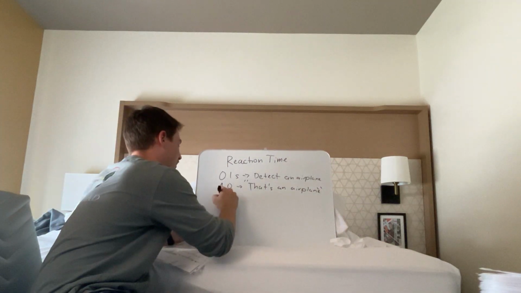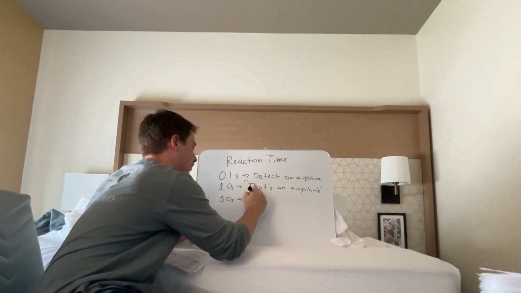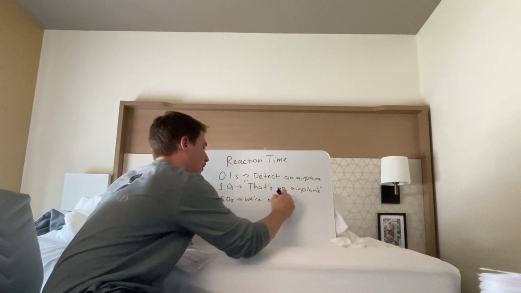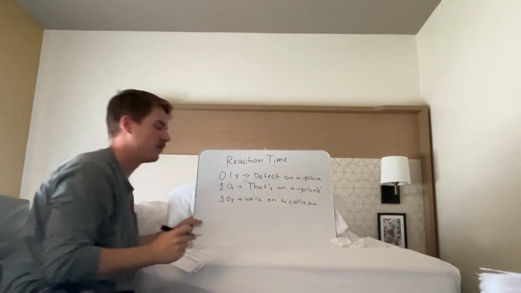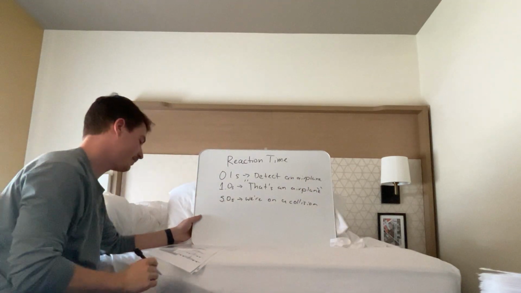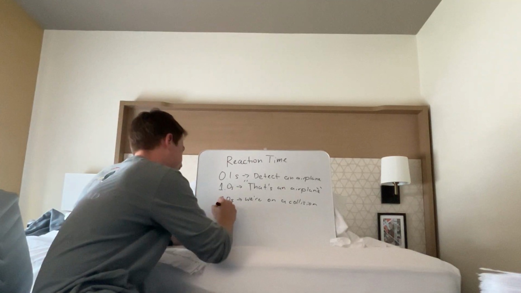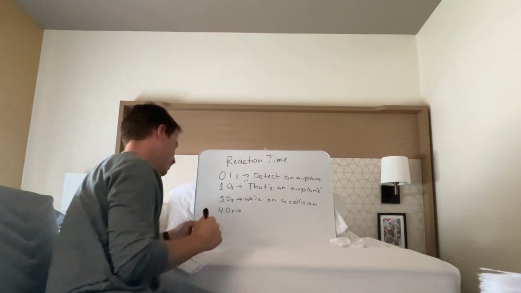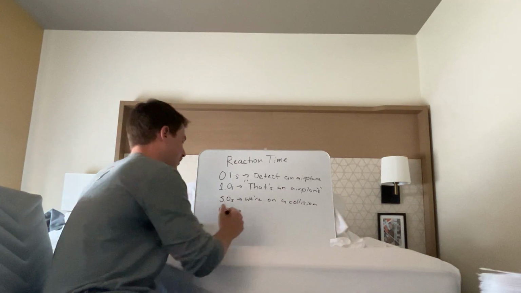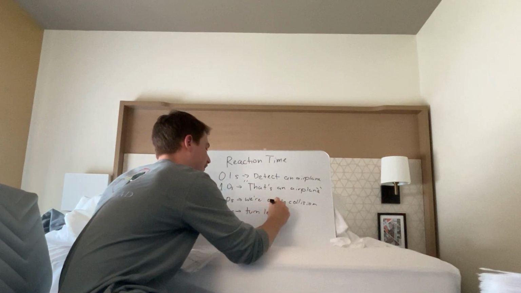It takes us about 5 seconds to realize we're on a collision course. 5 seconds to realize that, okay, we're about to hit each other. It takes us 4 seconds to decide to turn left or right.